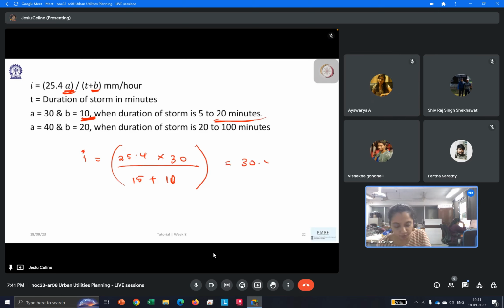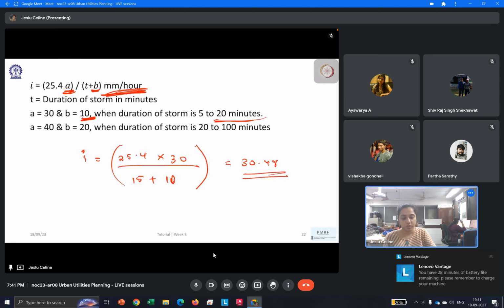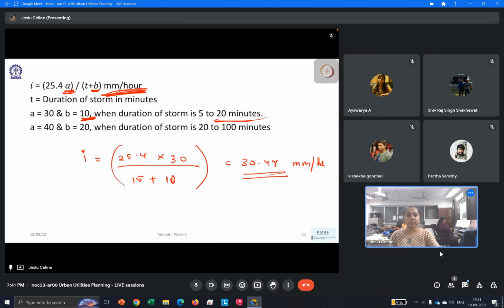Yes, 30.48. And the unit is always millimeter per hour. So the unit is millimeter per hour. Any doubts in this question? No. Okay, so let's proceed.